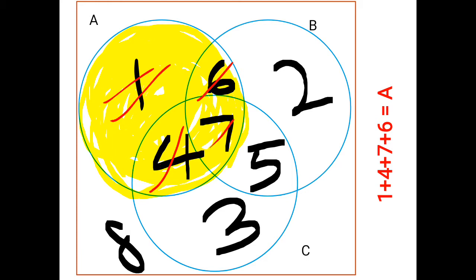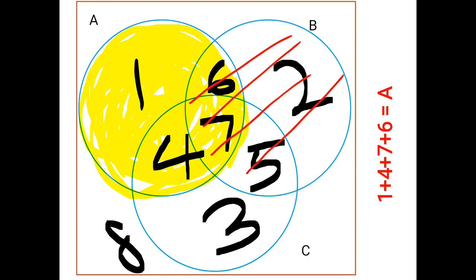Now, similarly, when I look at the whole circle of B, we can see that it comprises region 2, region 6, region 7, and region 5. So when we add region 2, region 6, region 7, and region 5, it should give us the whole circle of B.